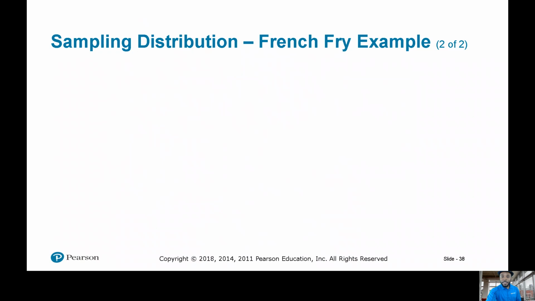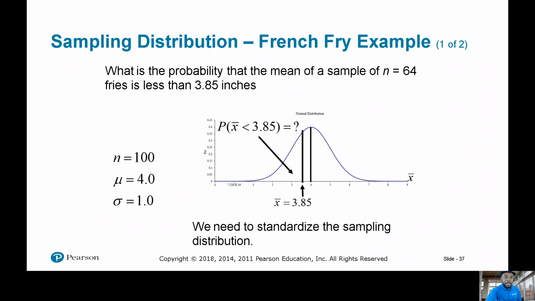So yeah, this should be 64. Let's keep it at 100 and simply change this. We are still using 100, n is 100 and not 64. But now what we are changing here is we want to find the probability that x bar of fries is less than 3.85. So this is what we're trying to find here.